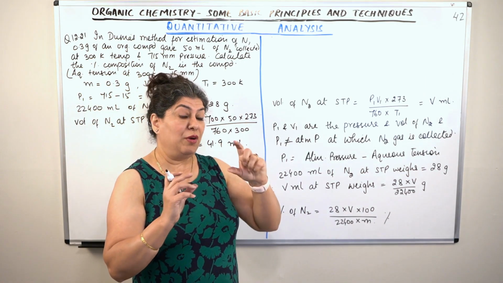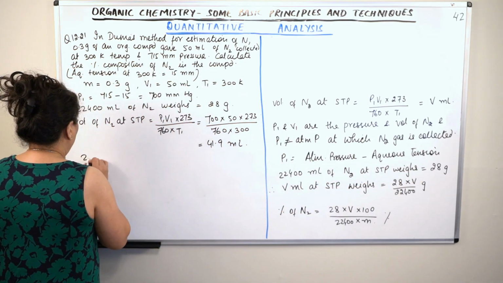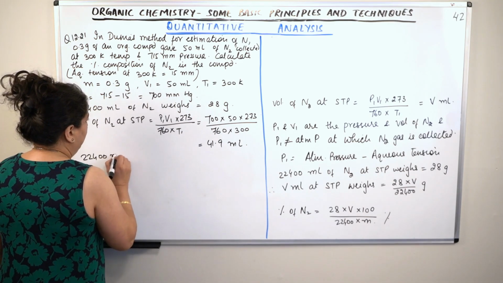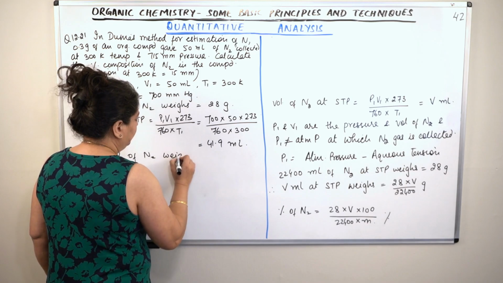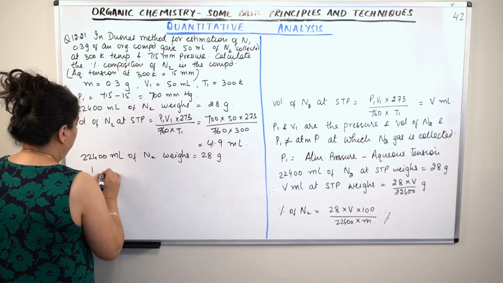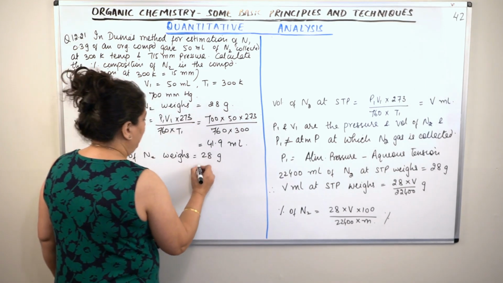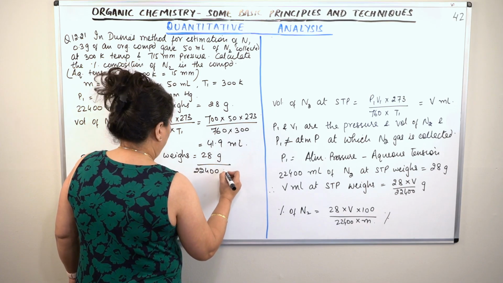We now have the volume, and we are supposed to find out the mass. So we know that 22400 ml of nitrogen weighs 28 grams. So 1 ml will weigh 28 upon 22400.